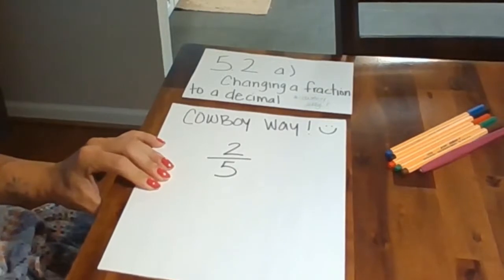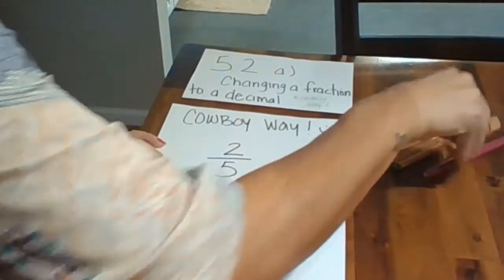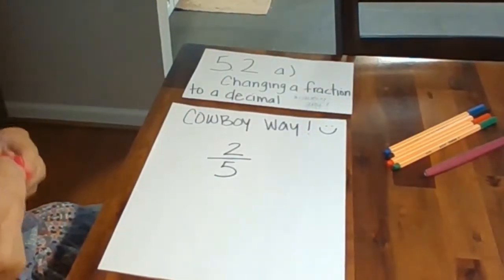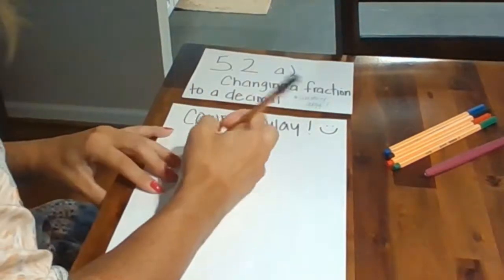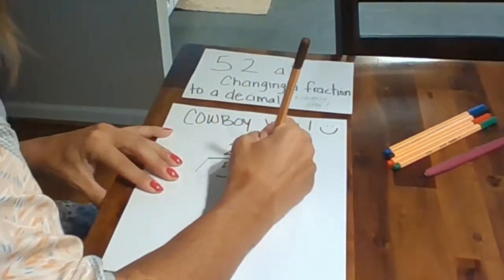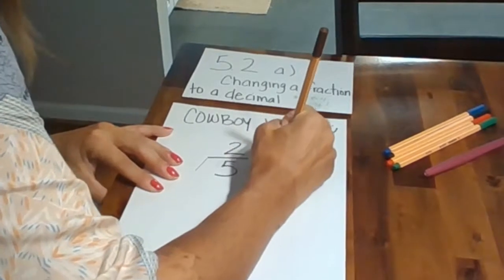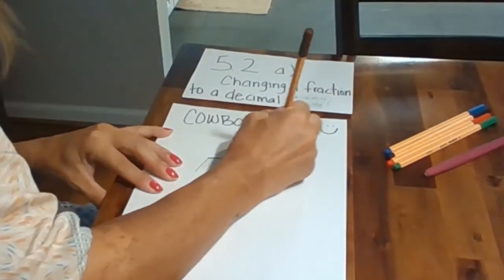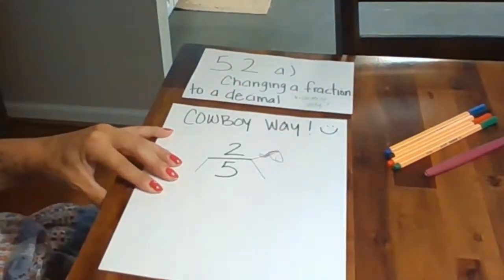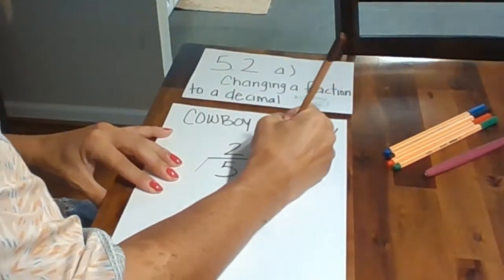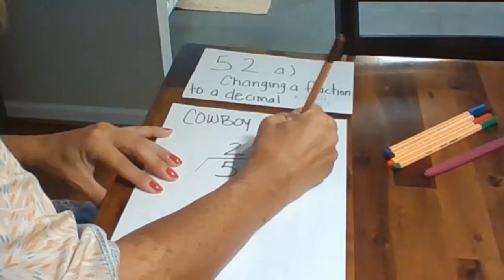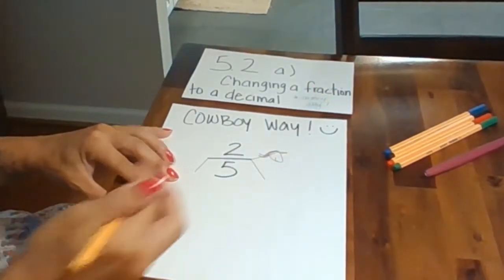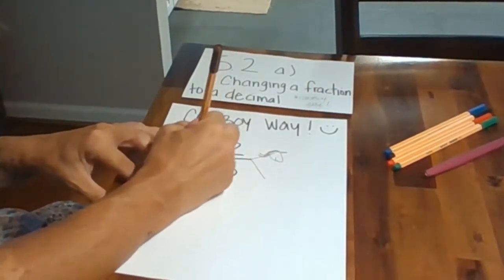Now, 2/5 is our cowboy, but it's much easier to see if I actually make my fraction into a horse. I'm not the best artist, you guys know that, and sometimes I prefer to make it a unicorn instead of a horse, and there's my unicorn, and of course you can't forget the tail.